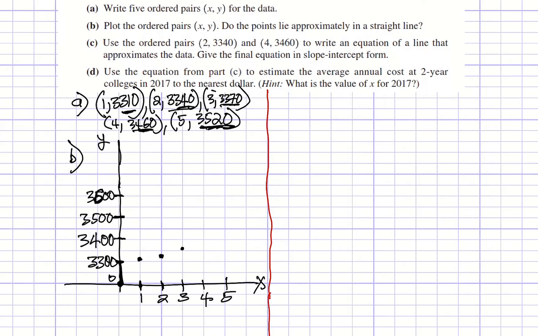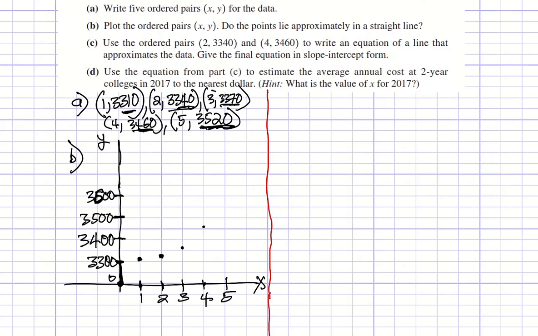3460 should be from 4 here, go up. Because that's 50, it should be somewhere here. Actually, this one can go up a little bit. This one is closer, let's get it away from the line, somewhere here.